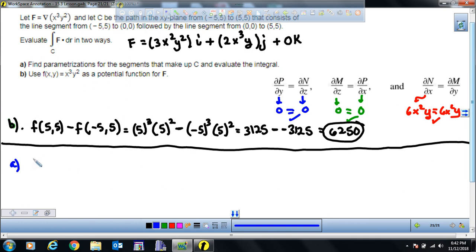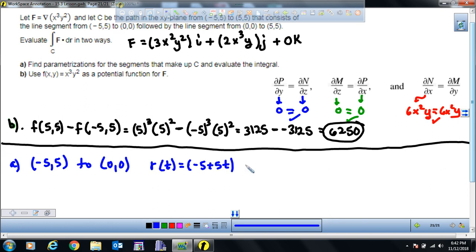Let's find a parametrization to go from -5, 5 to 0, 0. Okay, the parametrization could be -5 plus, since it is increasing by 5, then we're going to say plus 5t, and we can say from t equals 0 to t equals 1. Because when t is equal to 0, it goes from -5, and when t is equal to 1, it goes to 0.